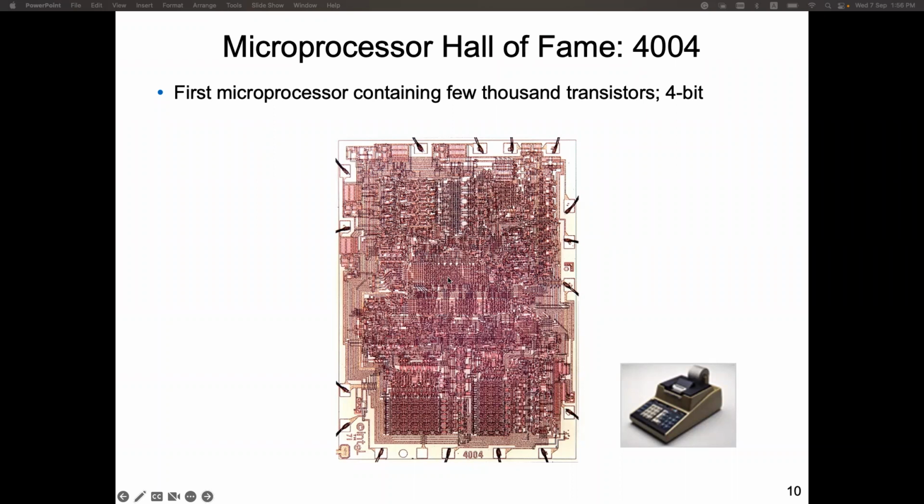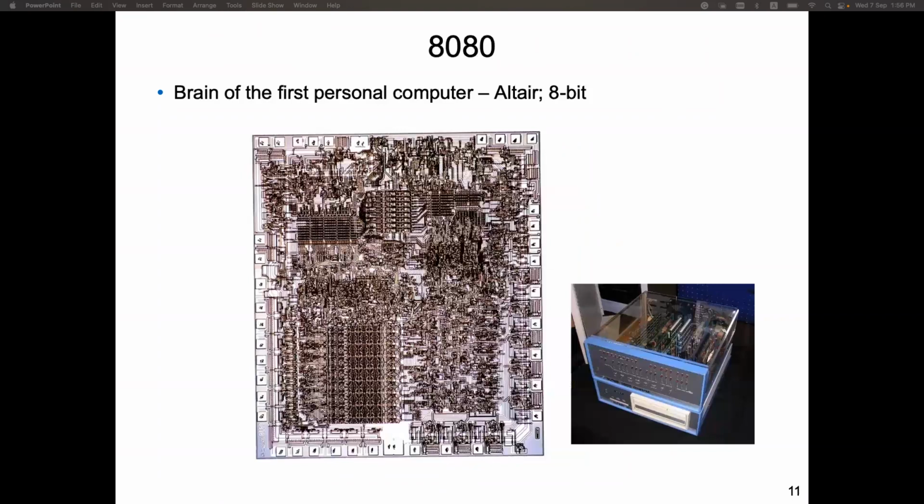It contains a little more than 2,000 transistors. And it's a 4-bit processor. 4-bit means the data size is 4 bits. So it was used in some simple digital control systems, and also in digital calculators.